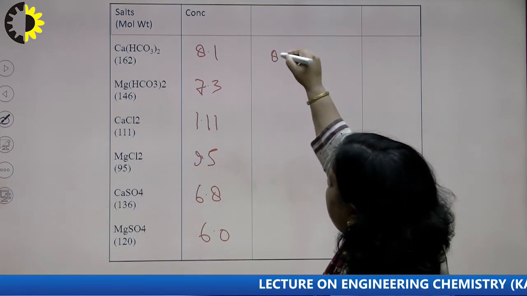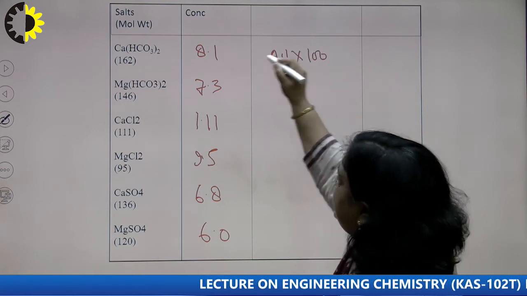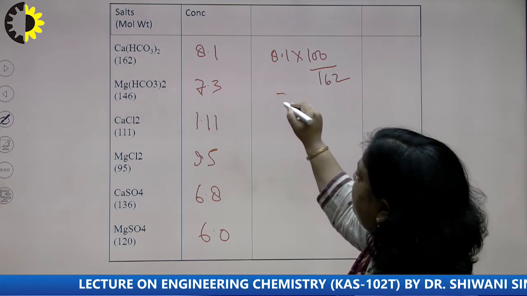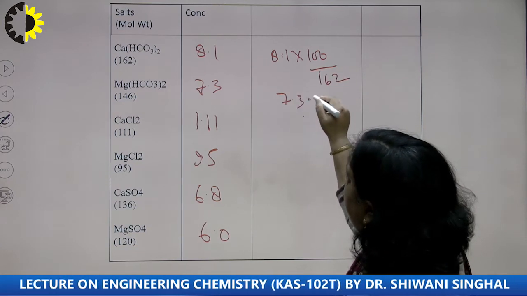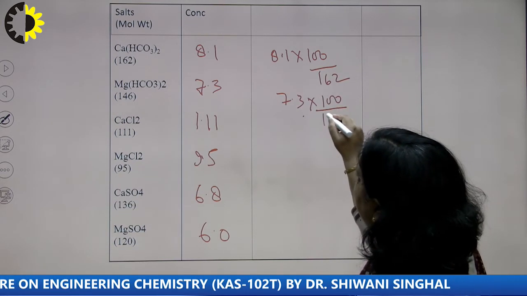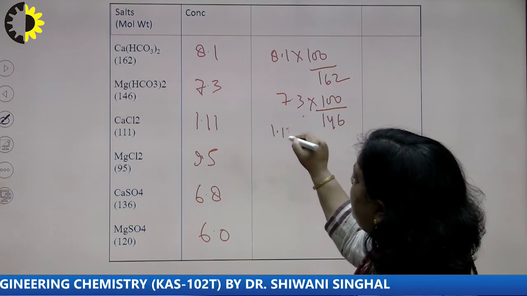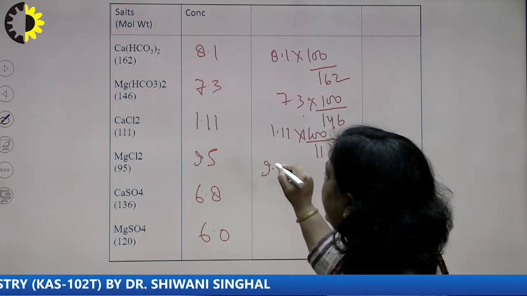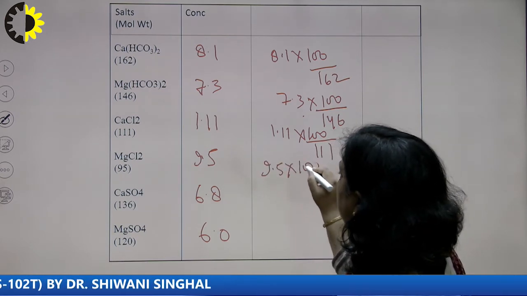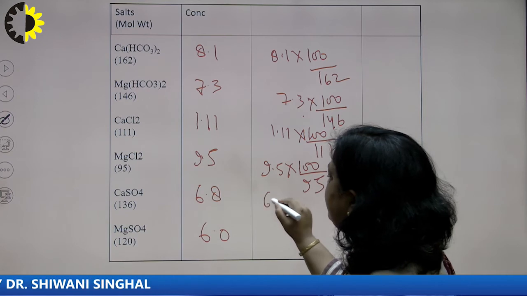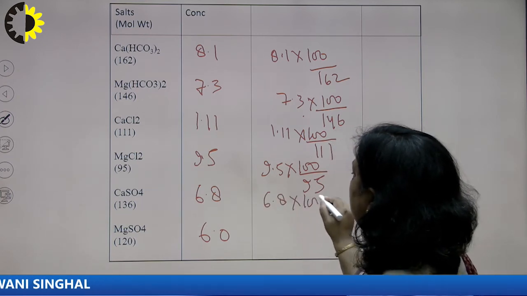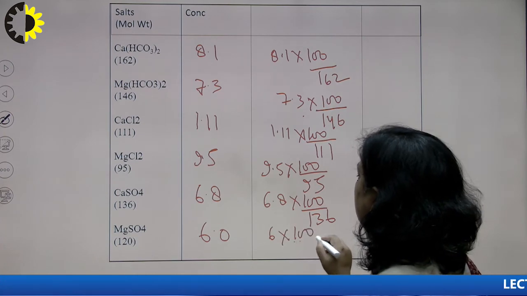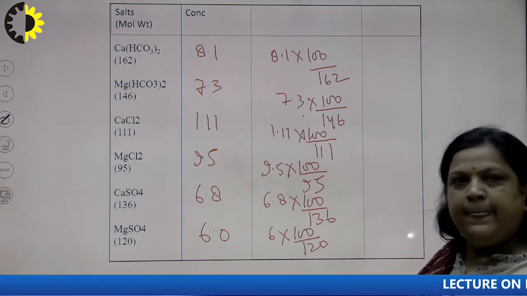So multiplying by the multiplication factor, these are the molecular weights. So 8.1 into 100 upon 162, 7.3 into 100 upon 146, 1.11 into 100 upon molecular weight, which is 111, 9.5 into 100 upon 95, 6.8 into 100 upon 136, 6 into 100 upon 120.